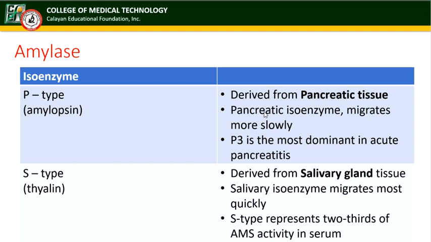P3 is the most dominant in acute pancreatitis. S-type, or ptyalin, is derived from the salivary gland. The salivary isoenzyme migrates most quickly. S-type represents 2/3 of amylase activity in serum, which means only 1/3 is our P-type. Okay.